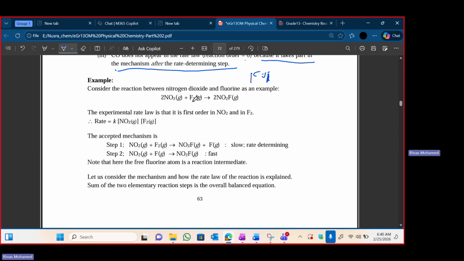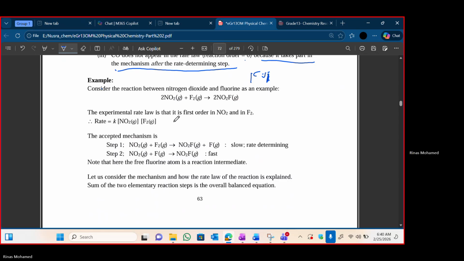2 NO2 gas plus F2 gas gives you NO2F, right? Then the experimental rate law is first order in NO2 and first order in F2. The experimental rate law gives you the data: R equals K into NO2 into F2. Then in the RDS, one NO2 and one F2 are participating. We can write the RDS now, because they have given you the net reaction's rate law.